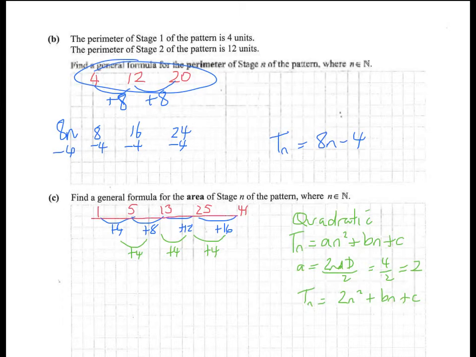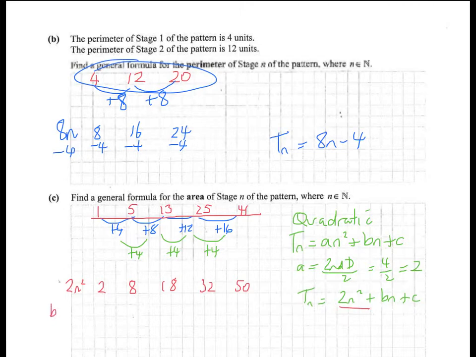I'm going to start off with the 2n squared. So 2 lots of 1 squared, 2 lots of 2 squared, 2 lots of 3 squared, 2 lots of 4 squared. Feel free to use a calculator if you need to. Anyway, that's my 2n squared.